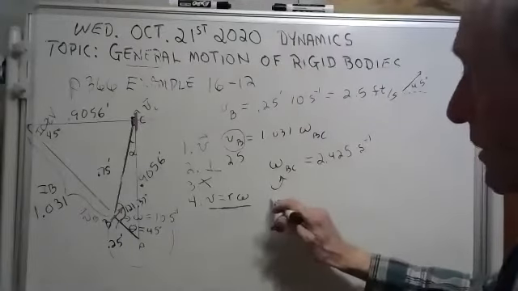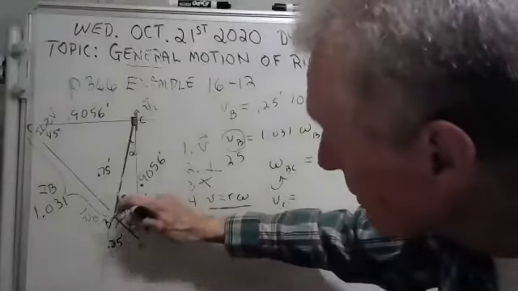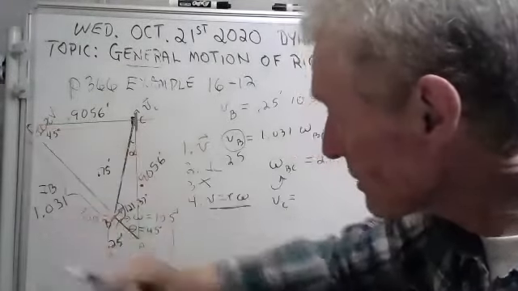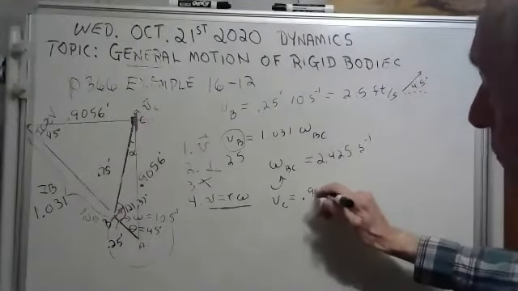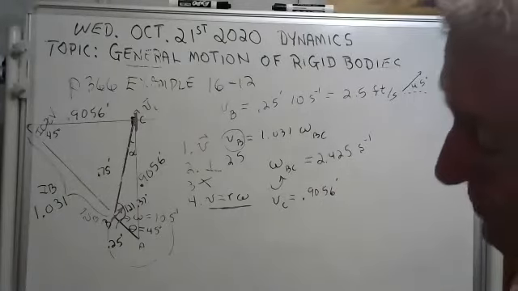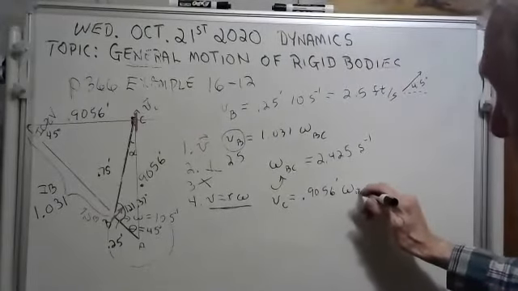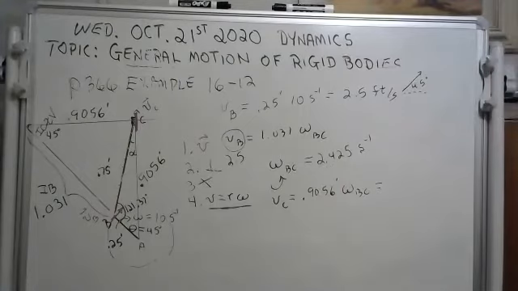Now we can get the velocity of the piston. Every point on this connecting rod is rotating about this ICZV. So we can just take the 0.9056 feet and multiply by your omega of BC, which we just cooked up, and you can get the velocity of your piston.